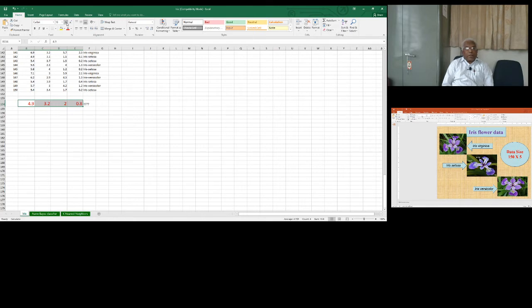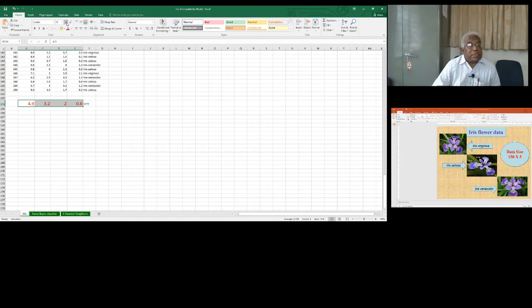Now, taxonomists can answer this. Taxonomists can use their taxonomy base and they will classify this flower into one of the three species.